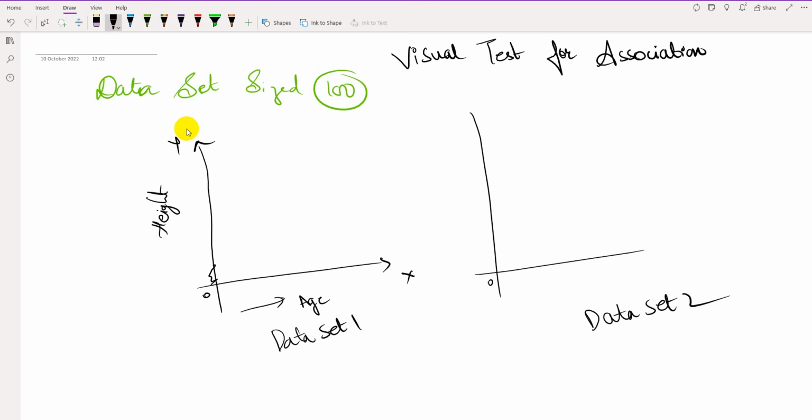We have truncated the distribution: 70, 80, 90, 100 and 110.